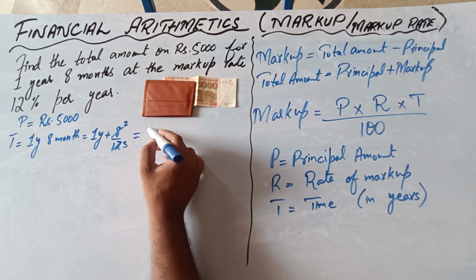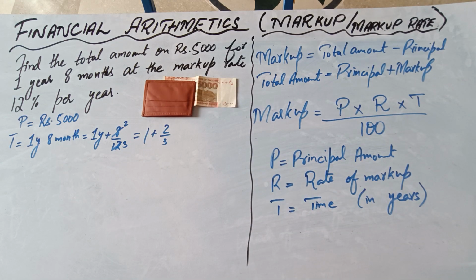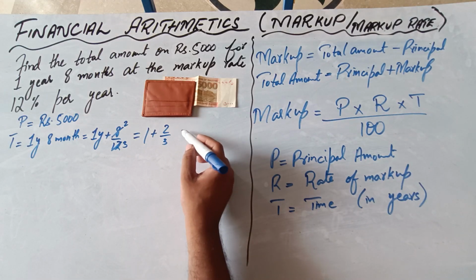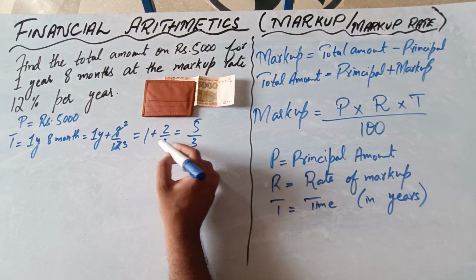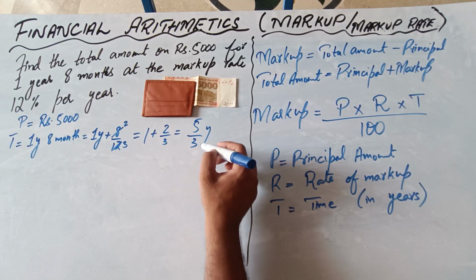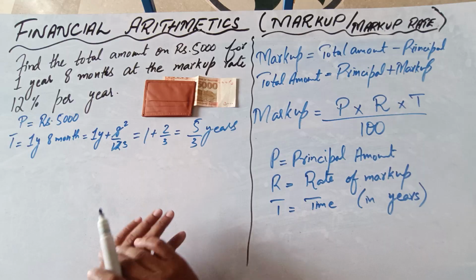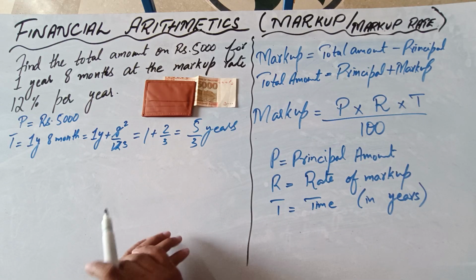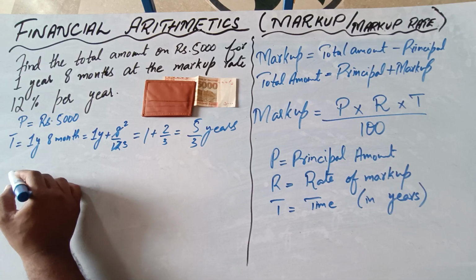So it would become 1 plus 2 upon 3. So it would become 1 whole 2 by 3, and finally 5 upon 3. 3 ones are 3 plus 2, 5 upon 3 years. So we have converted time in years, and markup rate, that is markup percentage, is also given.